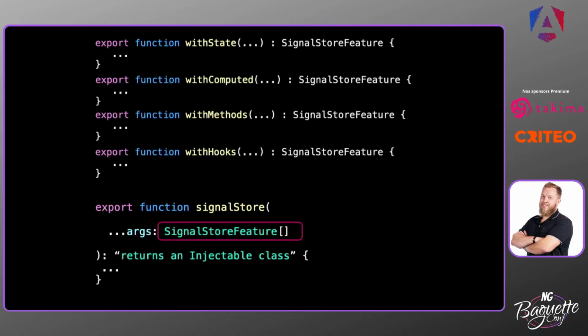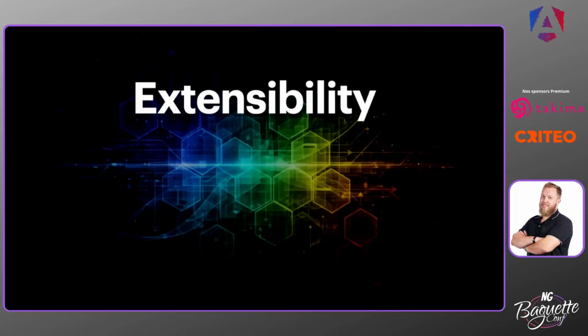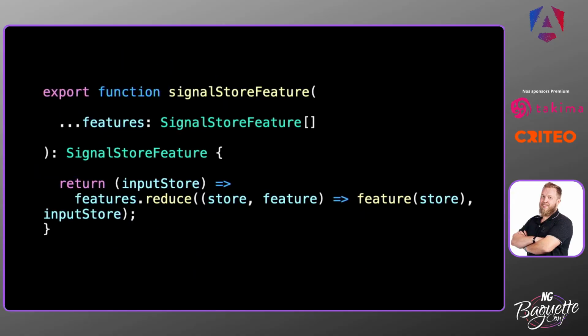And you can really use this to your advantage because those basic building blocks are pre-built by us, the NgRx team. But this allows big extensibility of the store. You can build your own custom ones. For that, you can use a function called signalStoreFeature, which basically allows you to organize and subgroup your own little interactions and make them part of the bigger SignalStore. All it does, again, is go over those features, reduce them, call them one to another, and return it back.